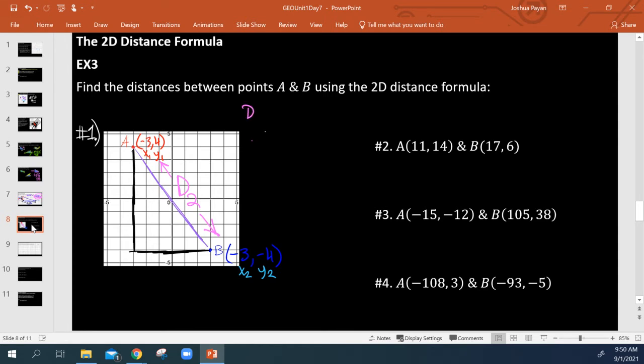Okay, so my two-dimensional distance is going to be equal to the square root of y1, so that's 4, minus y2, which is negative 4, all squared, so the absolute value there all squared, plus x1 minus x2.